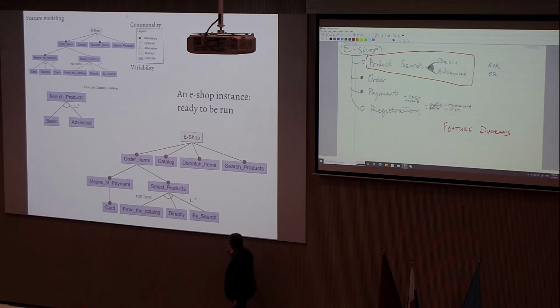So they remain even in your instance like this. You can have all your variable features like this. So then you will be developing virtually one system which is highly configurable.